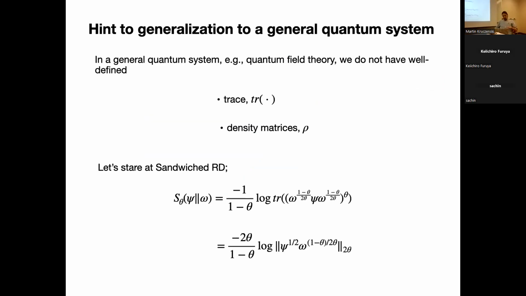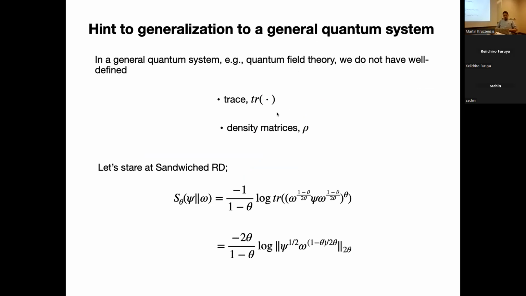Okay, so for the generalization, our original motivation is to write down these things without using trace and density matrices, because in quantum field theory we don't have well-defined traces and density matrices. So we don't want to use that.